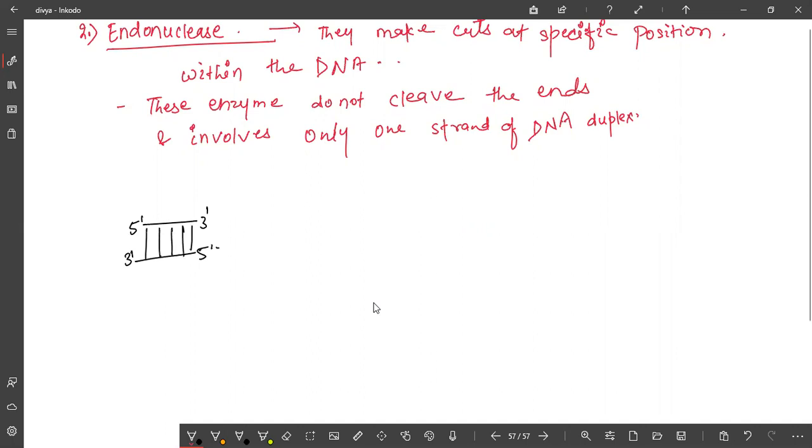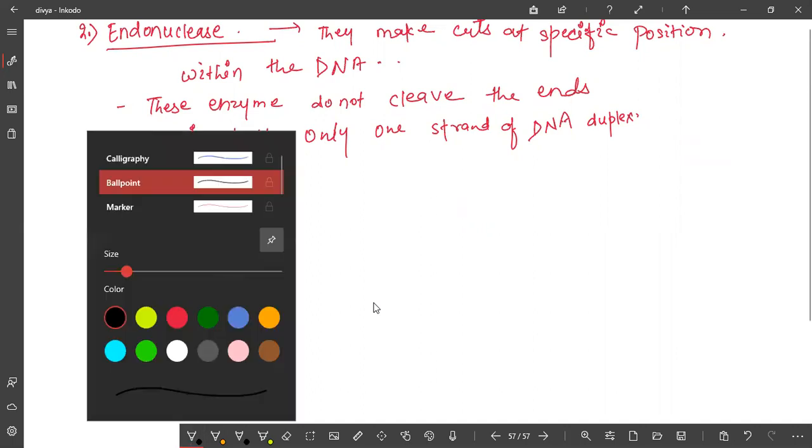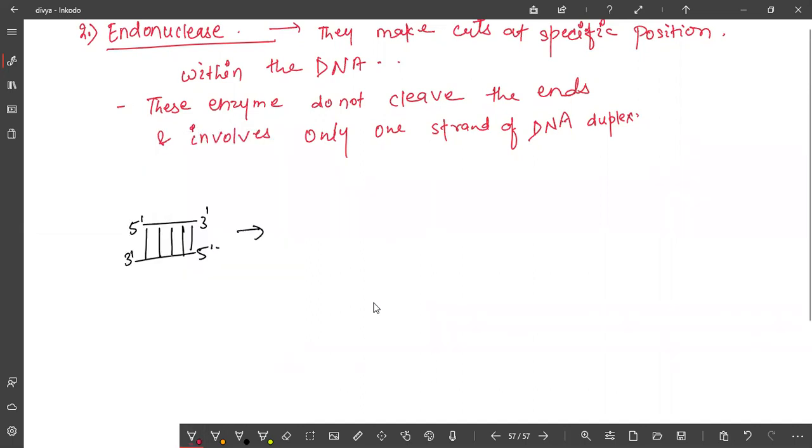Okay, and when you use the enzyme endonuclease, what happens? This is 3 prime to 5 prime, and this is 5 prime. So this is cutting like this. Again, you can make the polarity.